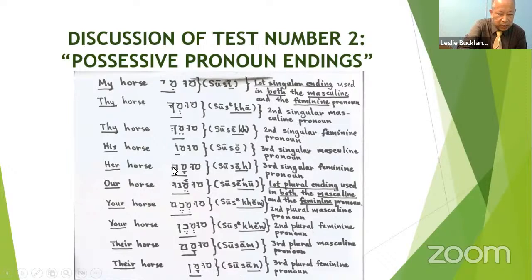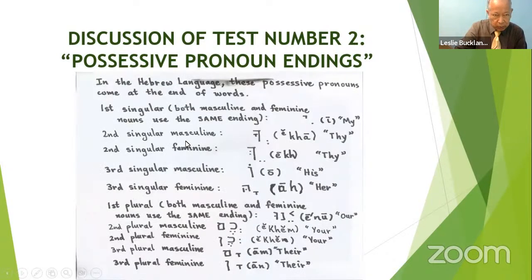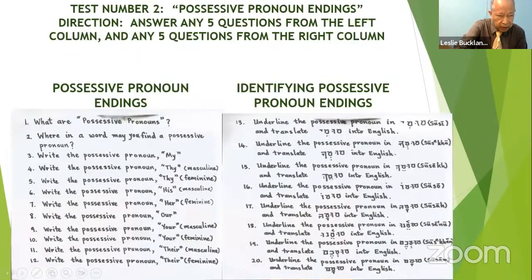This is mapik, which means bringing out the full sound of the letter. And so we draw out the he like ah. And this is a sign of the third person singular feminine pronoun, possessive ending. Her, ah.